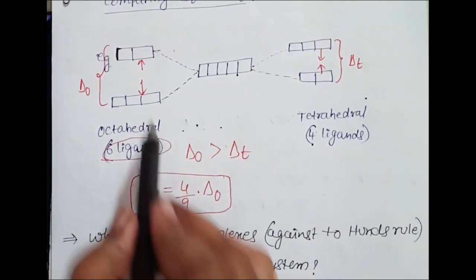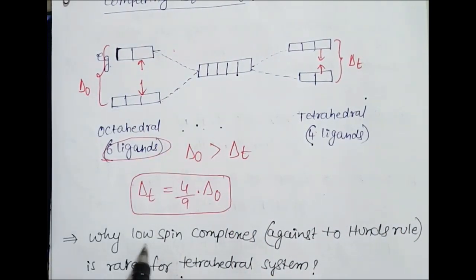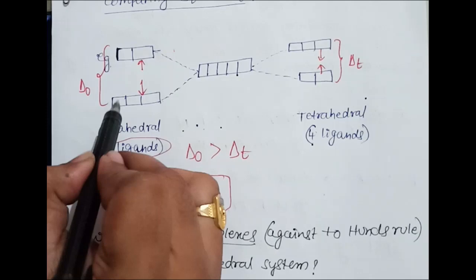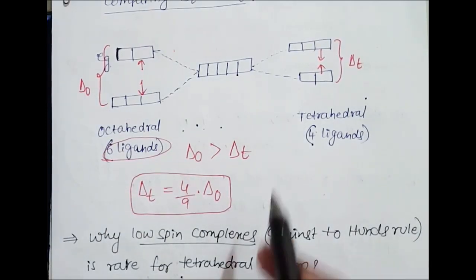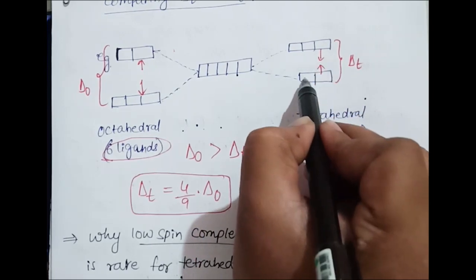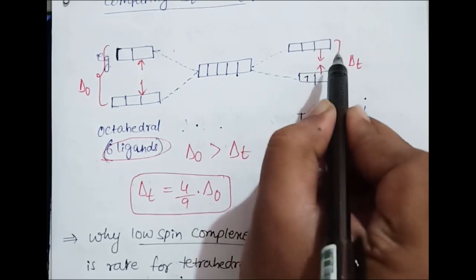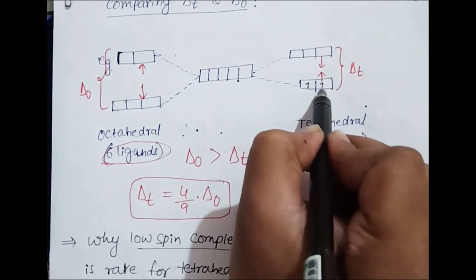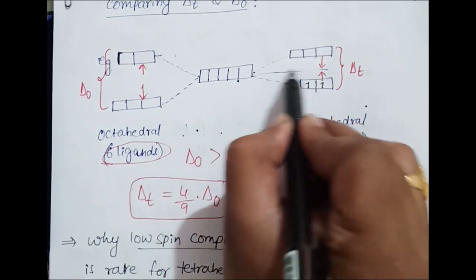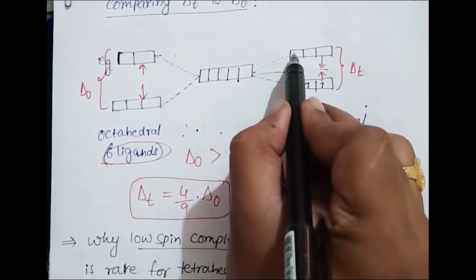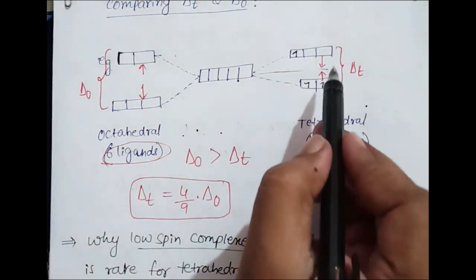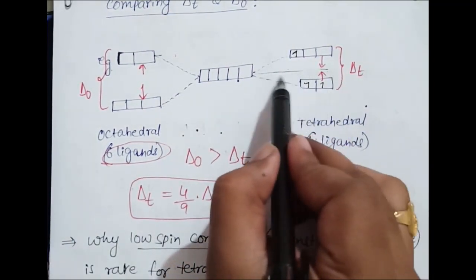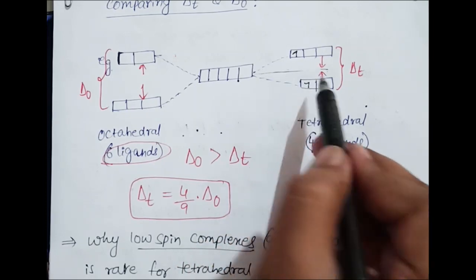When the low spin complex is generated, the electron pairs against Hund's rule. So why is going against Hund's rule rare? You can see the energy gap is very less. So if the first electron goes here, the second electron will go. Since the energy gap is very less, the third electron will automatically go to the next level. That means pairing will not be done against Hund's rule.